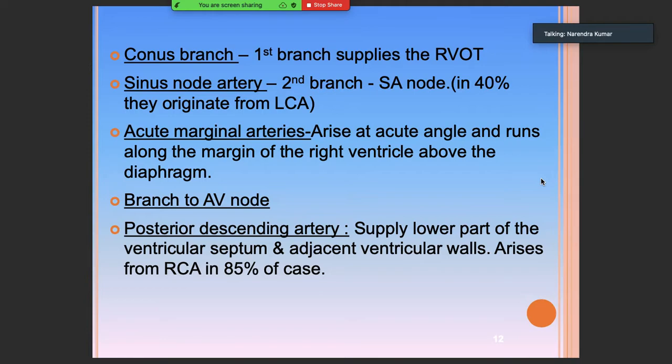The conus branch is important because it is the one which supplies the RVOT. But we must keep in mind, the sinus node artery is a branch from the RCA in the majority of cases, 60%. But 40% of the time it can have its origin from the other one.